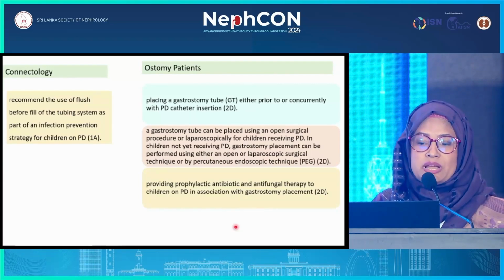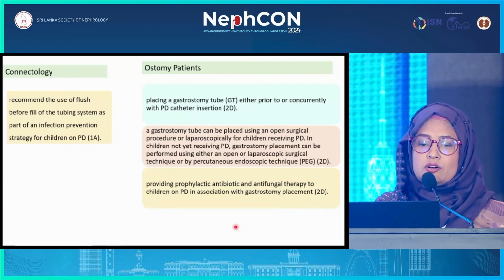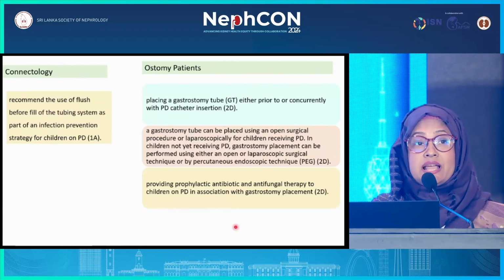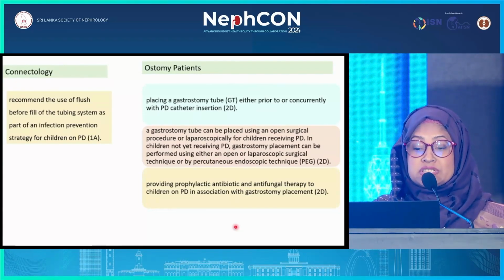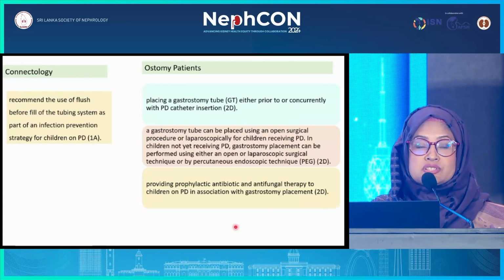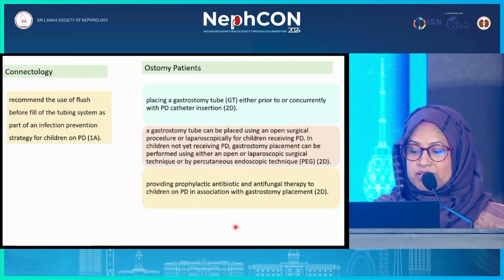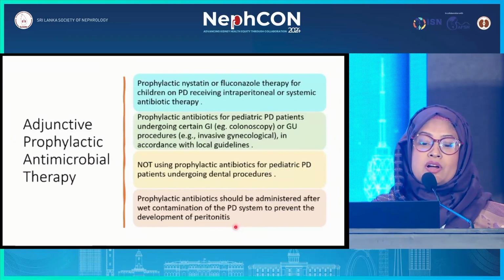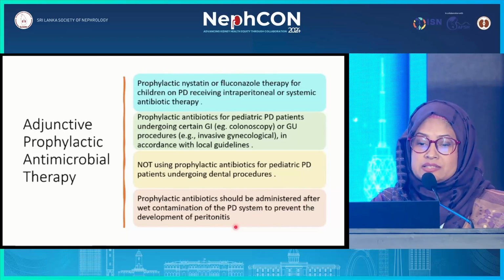Any gastrostomy tube can be placed either by open surgical or laparoscopic technique. And prophylactic antibiotic as well as antifungal therapy should be given to children on PD in association with gastrostomy placement. But what about adjunctive prophylactic antibiotic therapy?